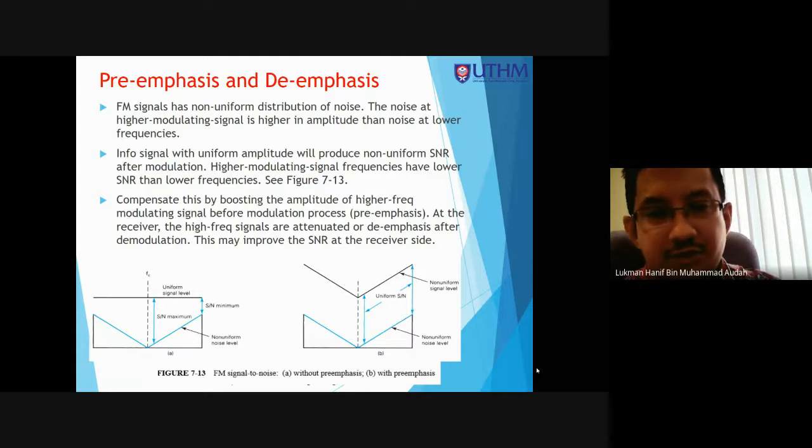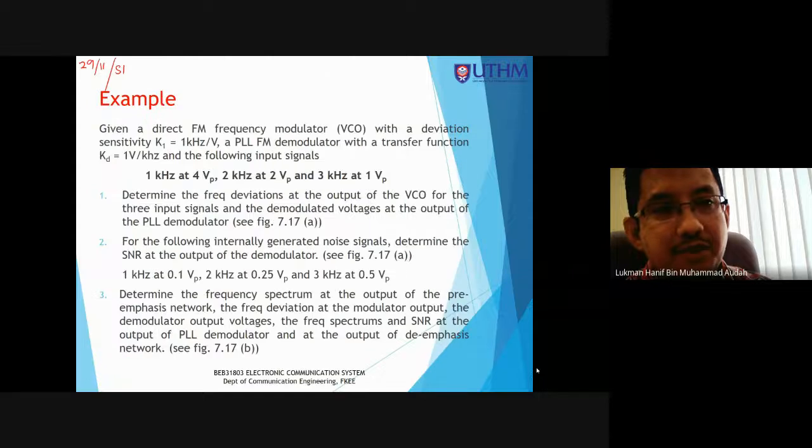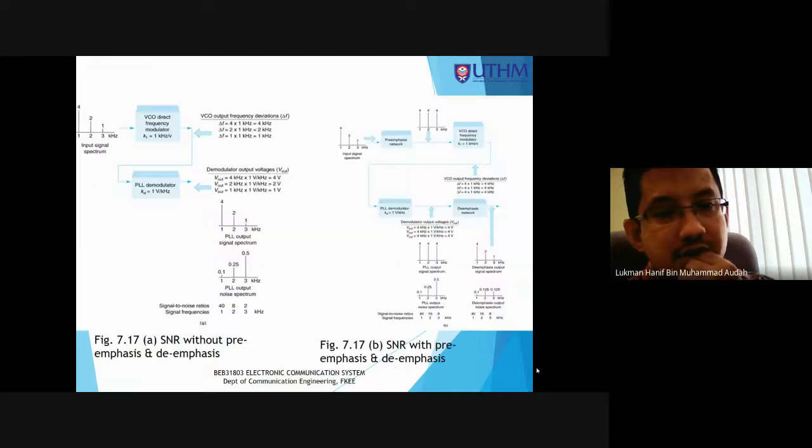Okay, so last week we stopped at this topic: pre-emphasis and de-emphasis. Kita dah lihat berkenaan dengan receiver part of angle modulations. Transmitter and receiver. So this is the process of pre-emphasis and de-emphasis. Ini telah saya jelaskan last week.